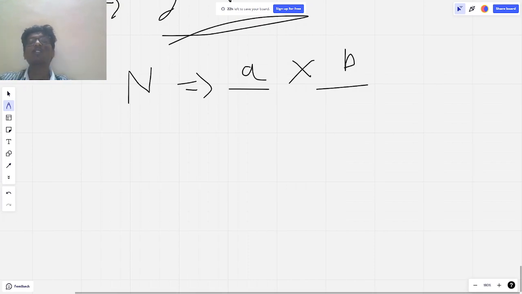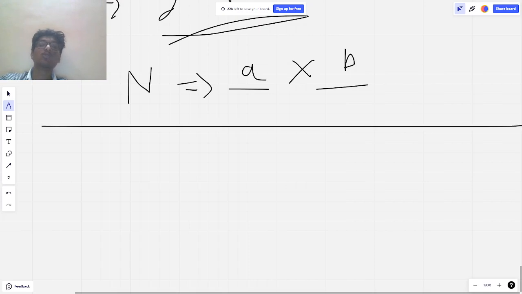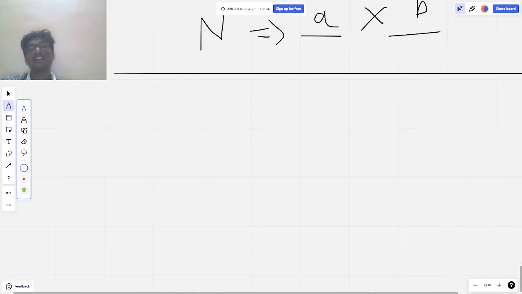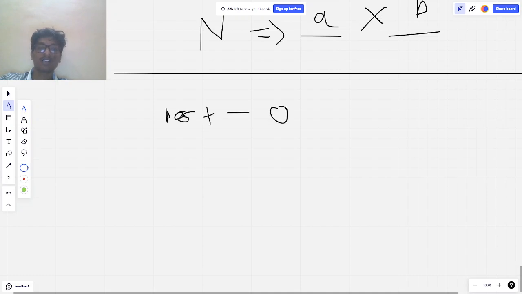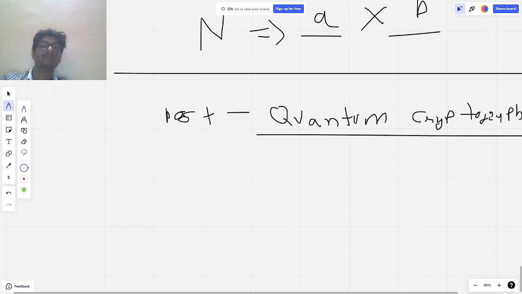So what can we do to prevent Shor's algorithm? In recent years, we are looking into something called post quantum cryptography. Post quantum cryptography is different from quantum cryptography.